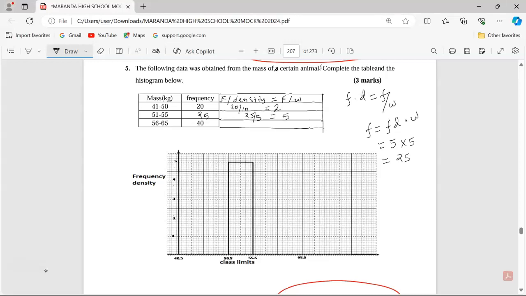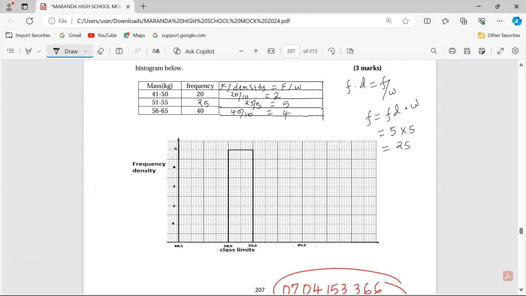And finally, you have a class width of 65.5 minus a lower boundary of 55.5. This is giving us exactly 10. So 40 divided by 10. Frequency of 40, then class width of 10. This is going to be exactly 4. So now we've got our table full.